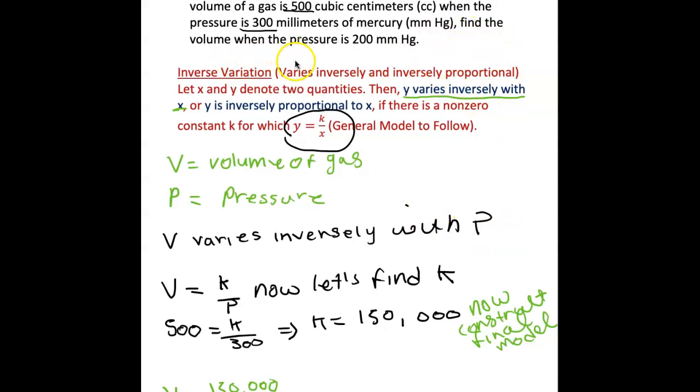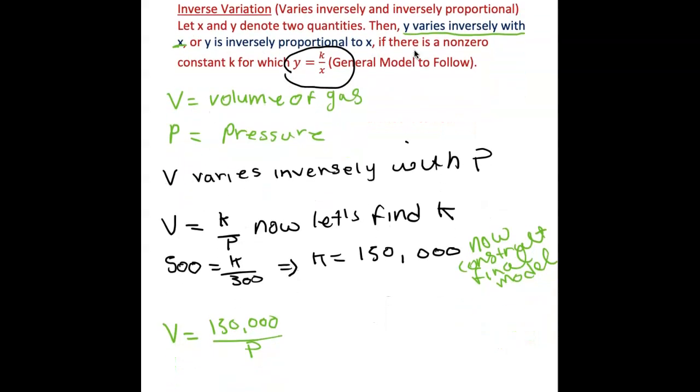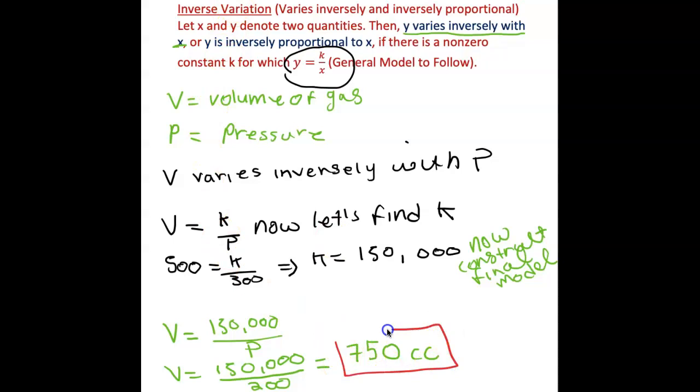Find the volume when the pressure is 200 millimeters of mercury. So now that I know P, I can simply substitute that, and that gives you 750 cc's. Let me write that 750 a little bit better. The fives don't always come out that good, right? You probably were able to tell.